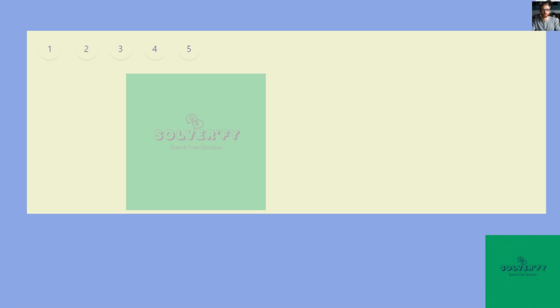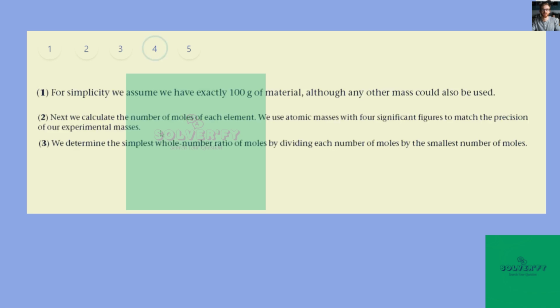So in this problem, we have to find out the empirical formula of a few compounds we are given. There are a few rules to find the empirical formula of a compound from the percentage of its elements. So these are the rules.